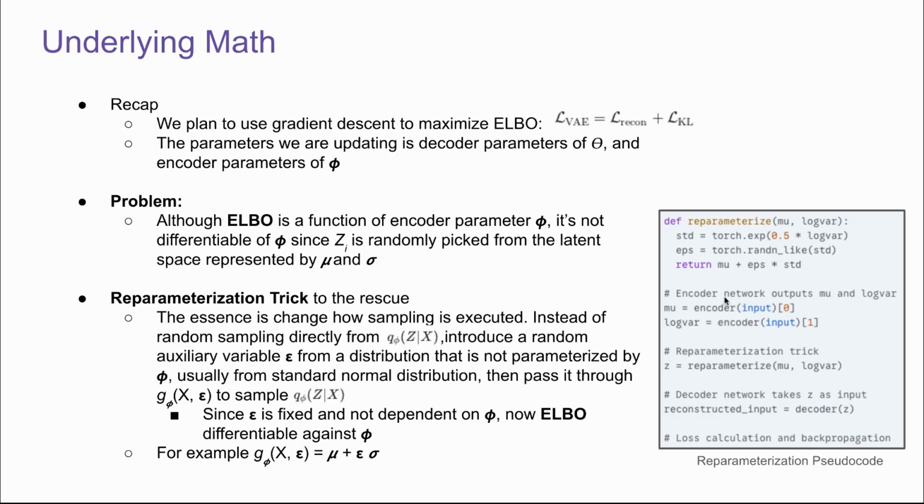So the encoder network should output mu and the log variance, and we pass those two variables to this reparameterize trick, so it outputs a point in the latent space. Then the decoder network takes this reparameterized z as input and tries to reconstruct the original image. And then we do loss calculation and backpropagation.